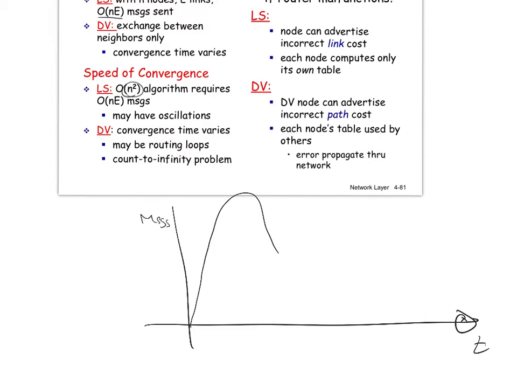But then, once we reach the steady state, and we know how to reach the steady state, it drops suddenly, okay? And we only report if a link changes its cost, that's it, or it becomes disconnected. So after you reach the steady state, we only report the events.